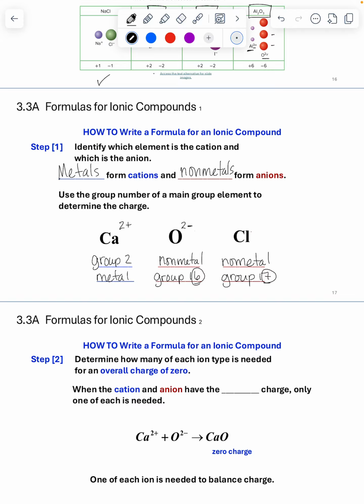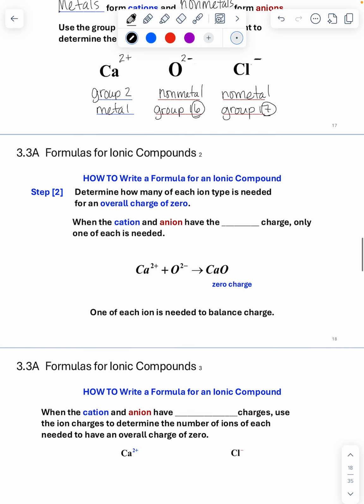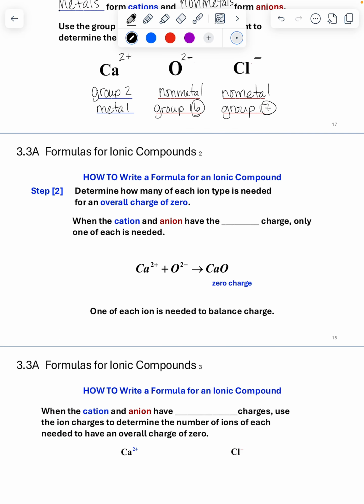All right, moving on to step 2. Step 2, you want to determine how many of each ion type is needed so that the overall charge is 0. So when the cation and the anion have the same charge, then only 1 of each is needed.